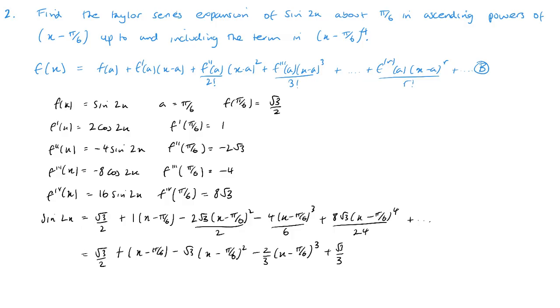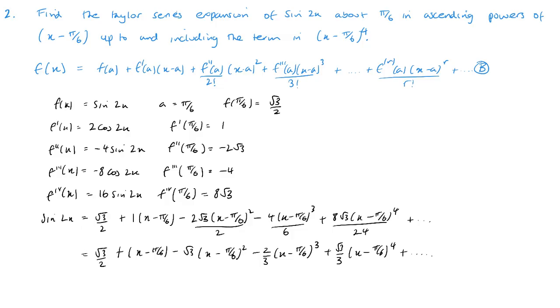Root 3 over 3 x minus pi by 6 to the power 4. And that, ladies and gentlemen, is my Taylor series expansion of sine 2x about pi by 6 up to and including x minus pi by 6 to the power 4. Okay, and obviously you could keep on going if you needed to find the fifth one and so on.